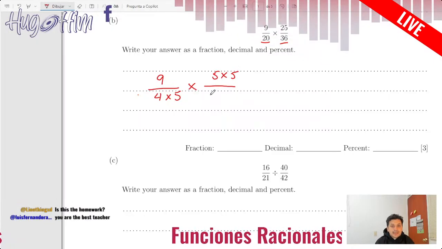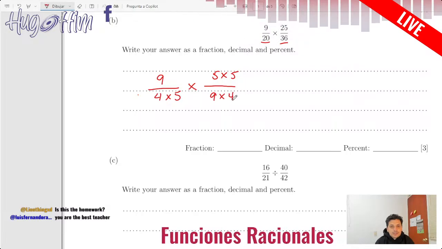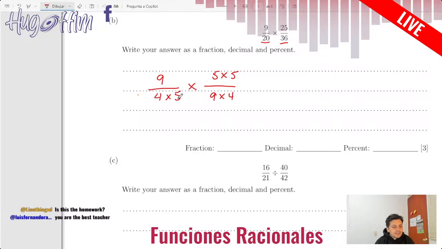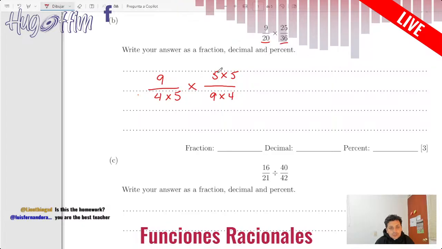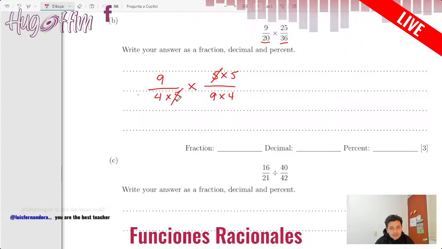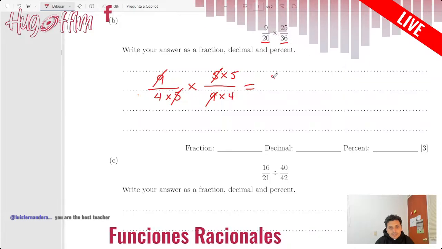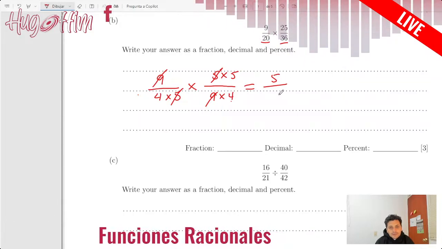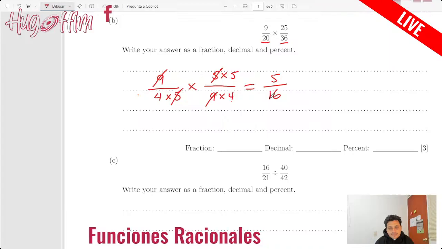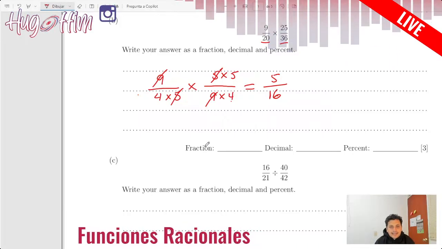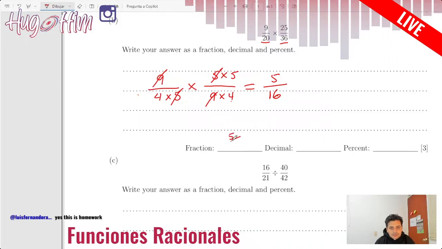So this is exactly what I did first. I simplify this 5 with this 5, this 9 with this 9, and the answer is 5 over 4 times 4, that is 16. So I get it as a fraction, 5 over 16.